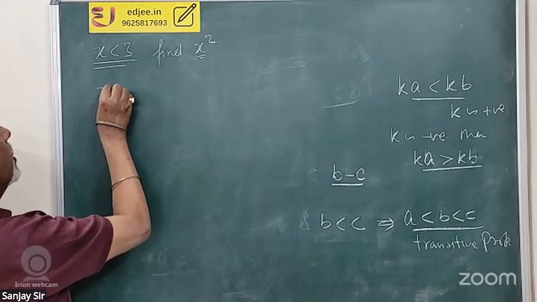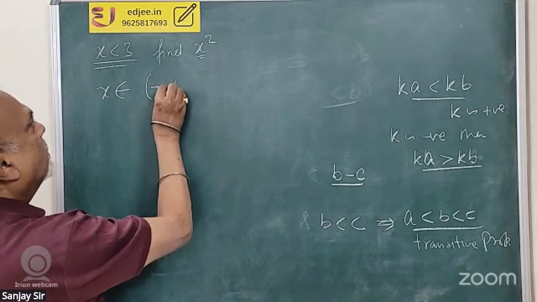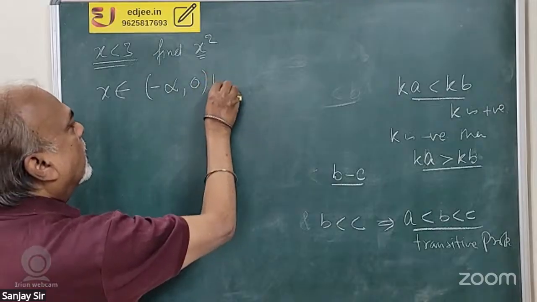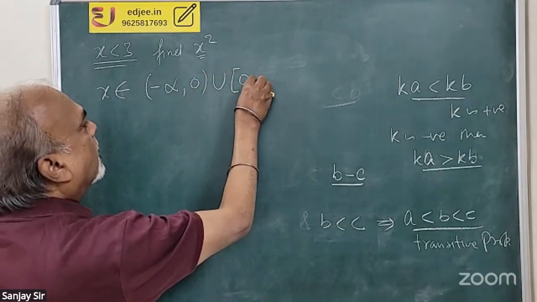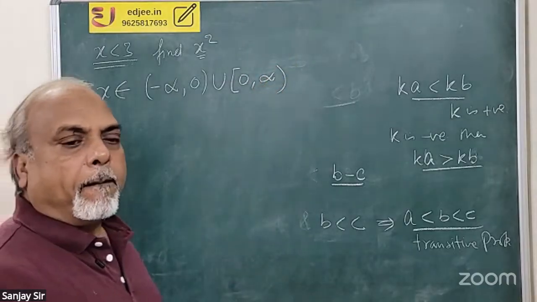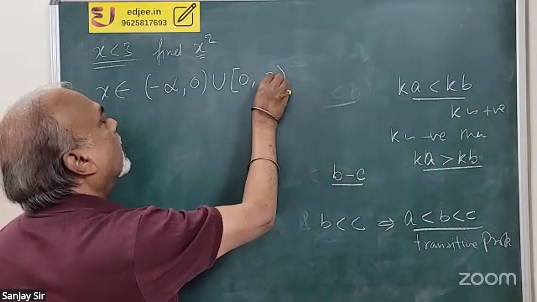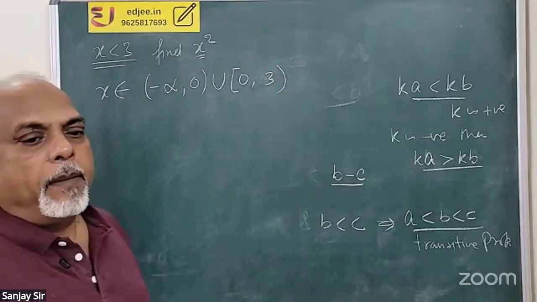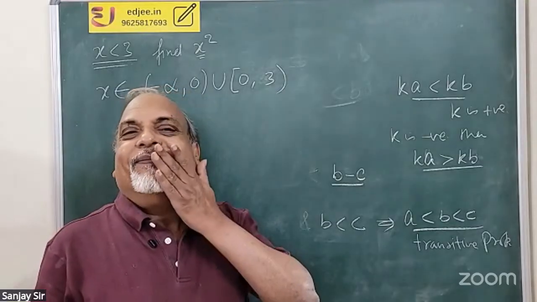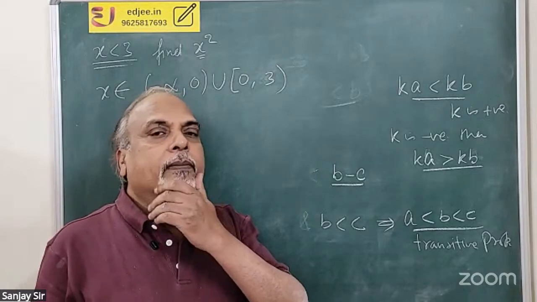X belongs to minus infinity to 0, union 0 to 3.